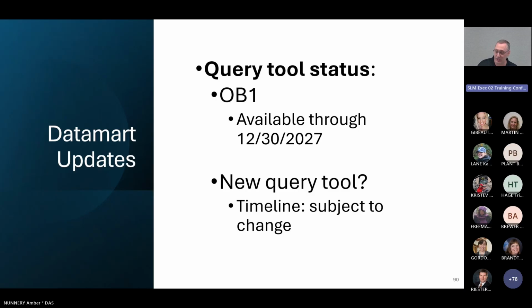The reason for the change is that extended support will end for OBI in 2027, and as a state we cannot be on a tool that is not supported. Just like what happened with Hyperion, we have to move to something else.